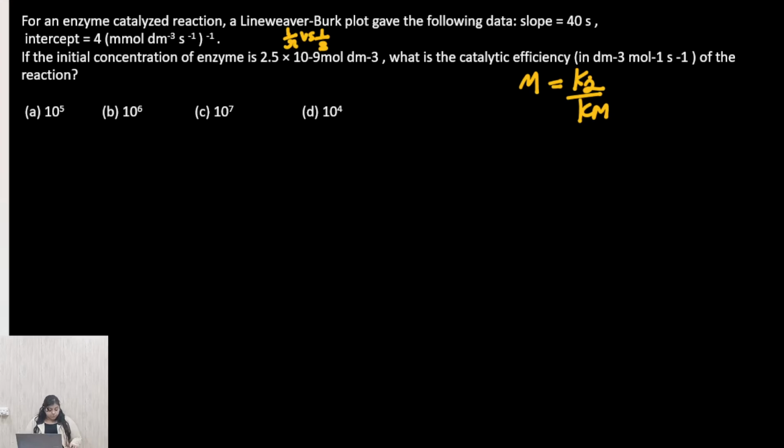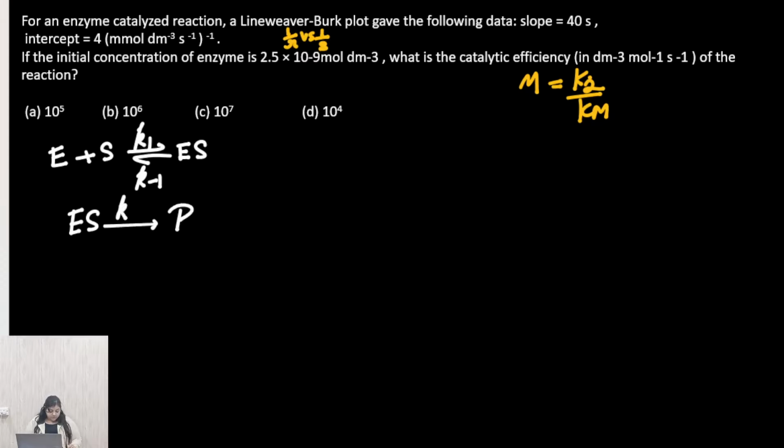What are these two? For the enzyme catalyzed reaction, this mechanism is followed: the enzyme treated with the substrate is in equilibrium, giving you the intermediate ES. This goes with the rate constant K1. The backward direction is K inverse, and in the next step this intermediate ES gets converted into the product P. This takes place with the rate constant K2, right?